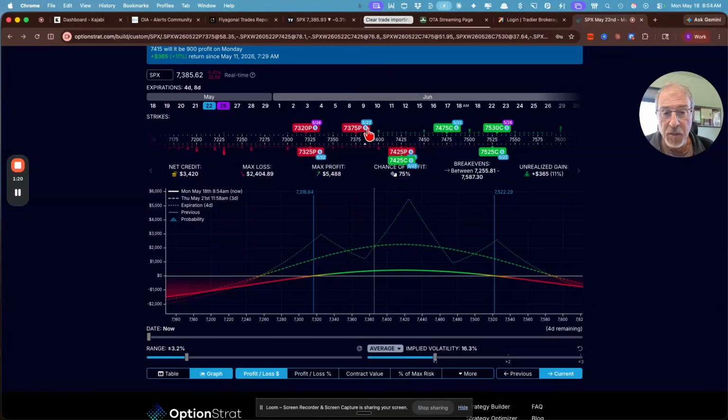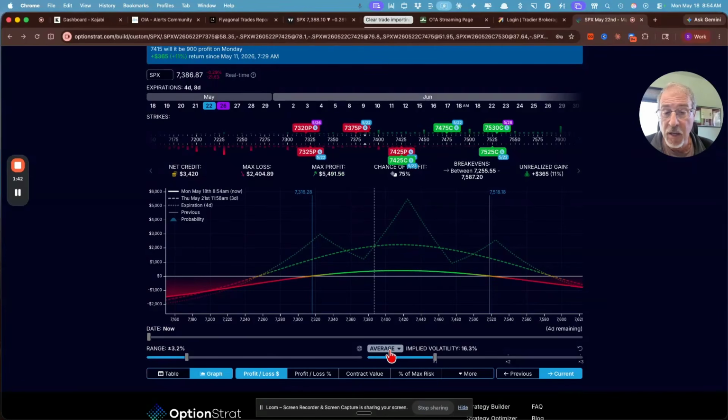Where the challenge comes in is when you have volatility spiking on the 522s, but it doesn't change on the 526s, or it spikes on the 526s and doesn't change on the 522s. And that's a result of human psychology. People are buying insurance at one of those two dates more than the other.